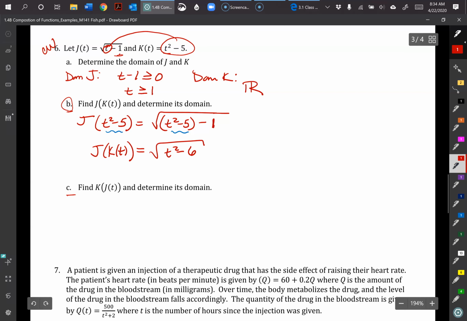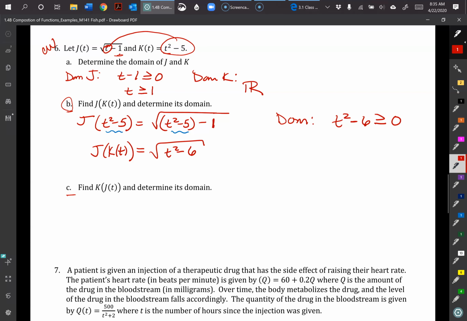Looking at what the domain is, though, is a little trickier. We need to think about what the domain of our inner function is: just all real numbers, so we have no restrictions there. But we need to know when T squared minus 6 is greater than or equal to 0. There's a couple of different ways you could do that.